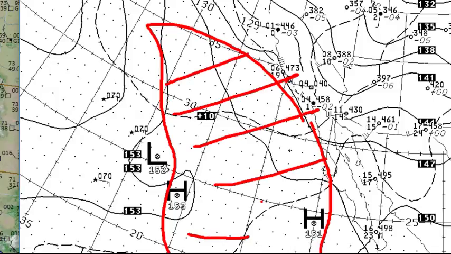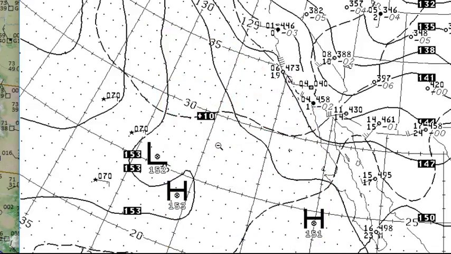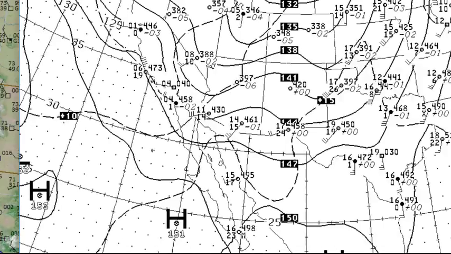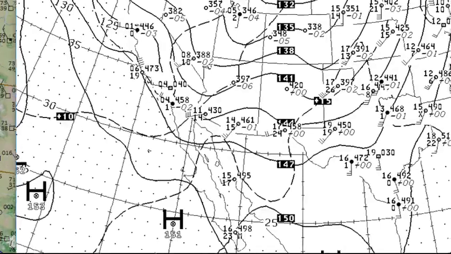So it looks at yesterday's model run, and then it feeds it into this analysis. So basically we're using the past model data to improve the current analysis where we don't have information. And it works pretty well, surprisingly.